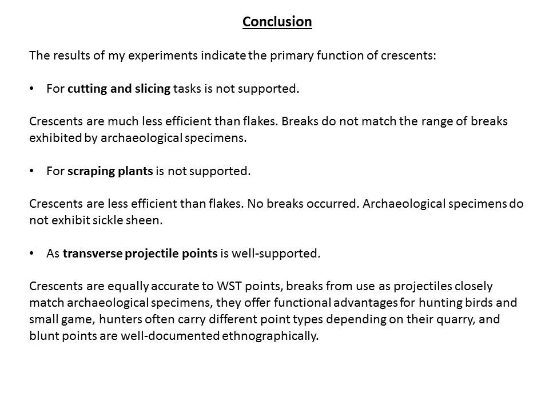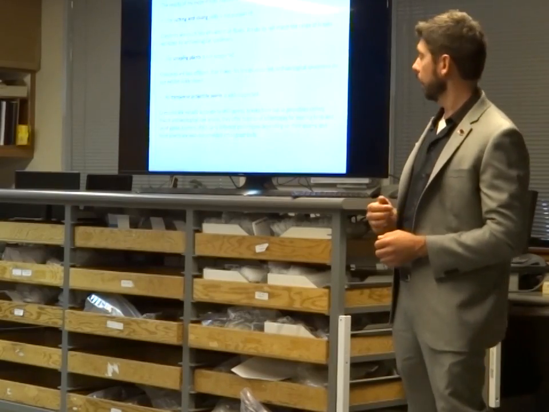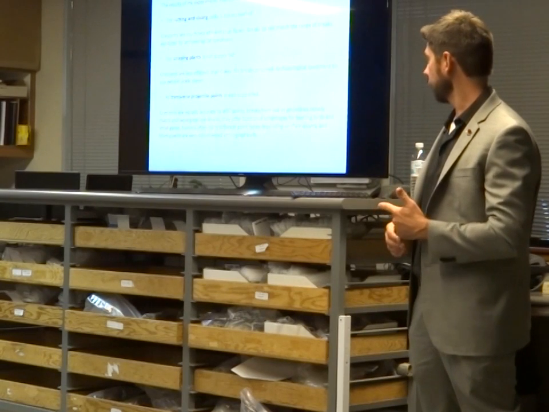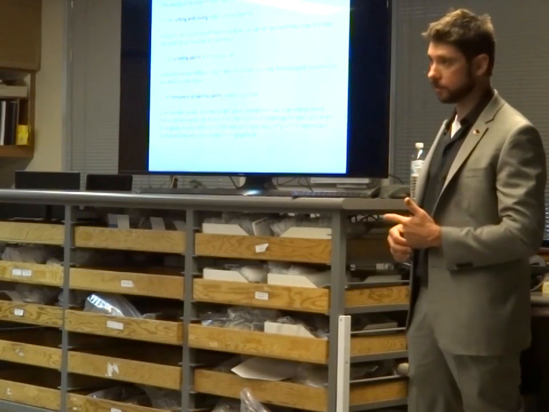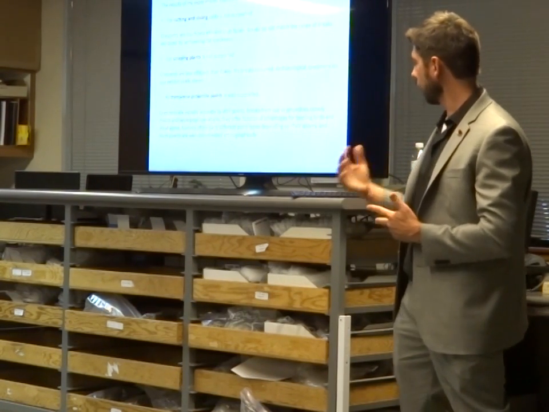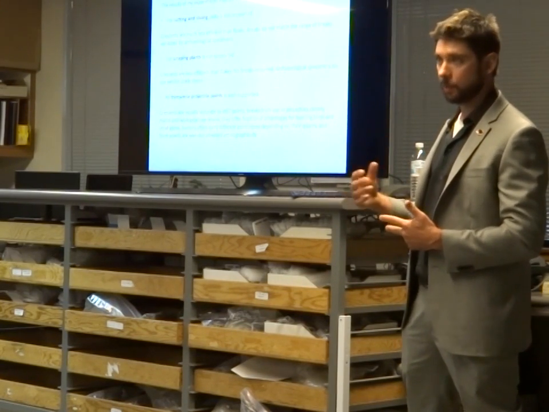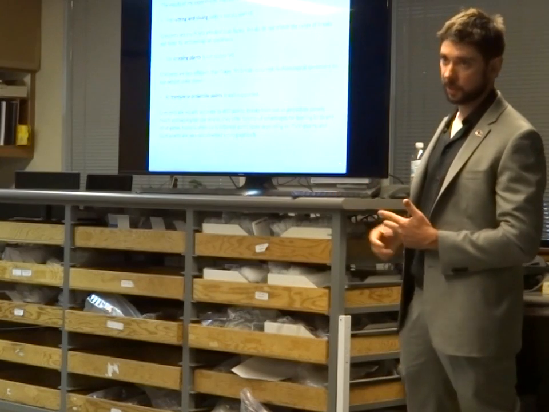Crescents were less efficient than flakes, no breaks occurred, and the archaeological specimens do not exhibit any sickle sheen. And then finally, the function of crescents as transverse projectile points is well supported. They are equally accurate to western stem points. The breaks from use closely match the archaeological specimens. They do offer functional advantages for hunting birds, including limiting penetration and a greater chance of hitting your target.